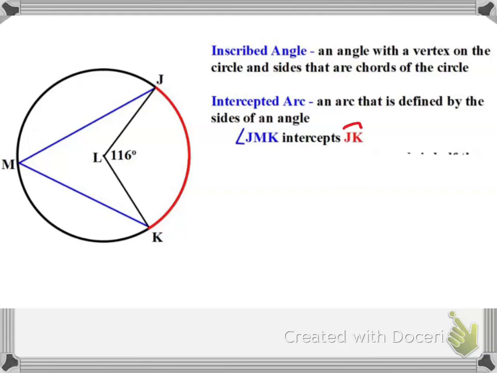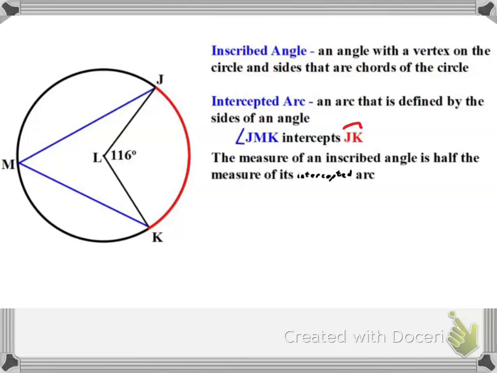All right? And the reason I want to bring that up: the measure of an inscribed angle is half the measure of its intercepted arc. So the measure of angle M is equal to 1/2 the measure of arc JK.